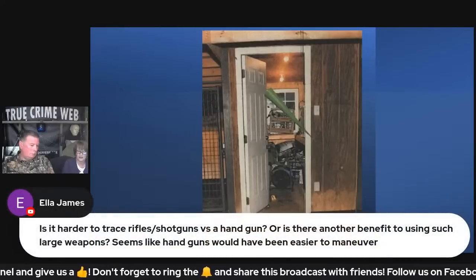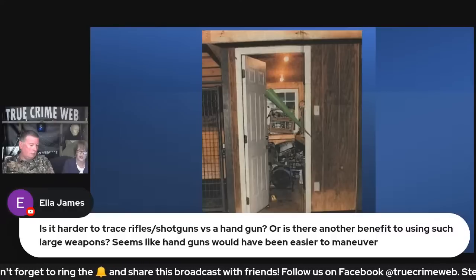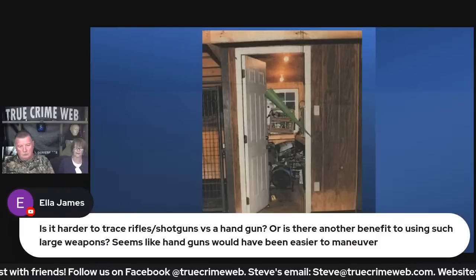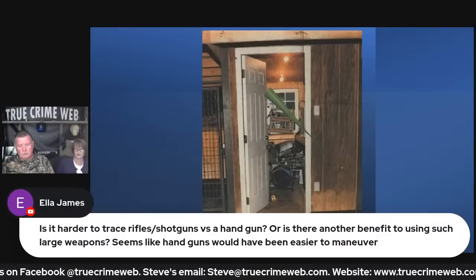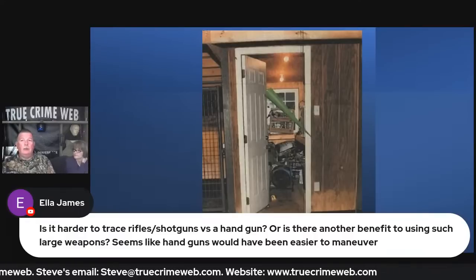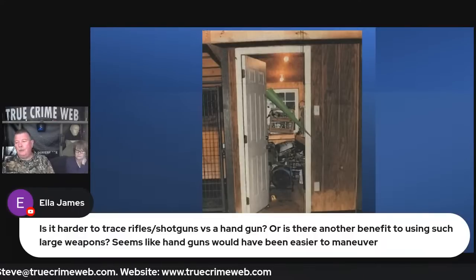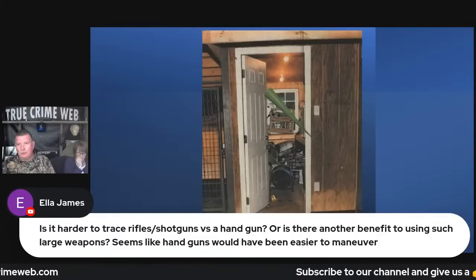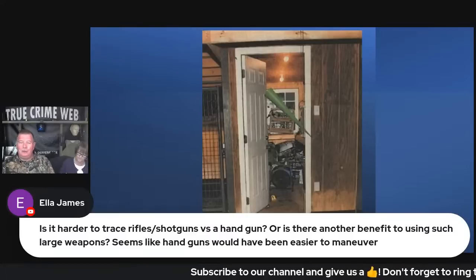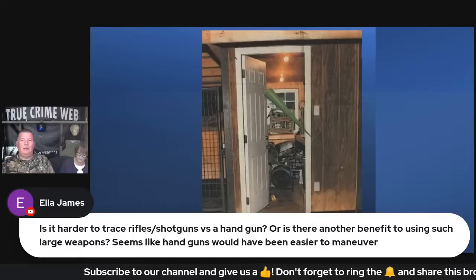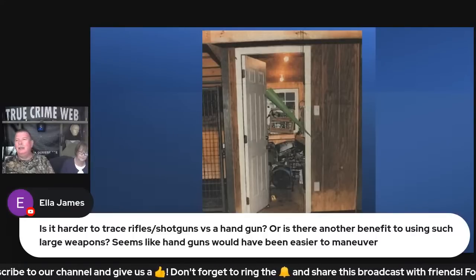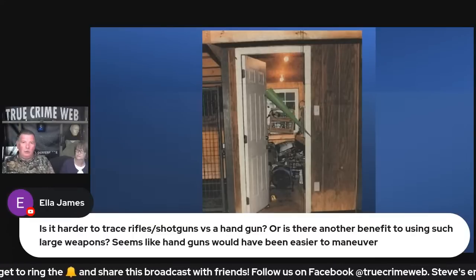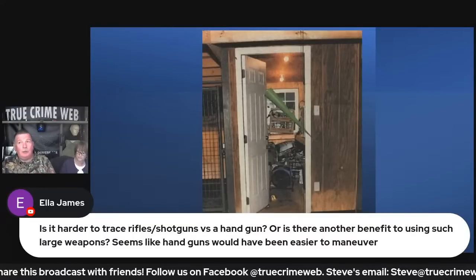All right. And Ella, is it harder to trace rifles and shotguns versus a handgun, or is there another benefit to using such large weapons? Seems like handguns would have been easier to maneuver. Shotguns are harder to track, although there are certain things that can be tracked about them, but it's very limited. With rifles and handguns, the characteristics of rifling and certain aspects of that are identifiable and have a history of being used in court. Shotguns have some of the characteristics.